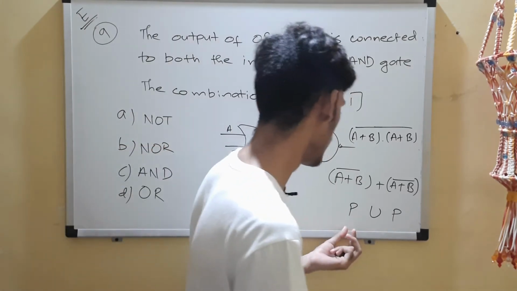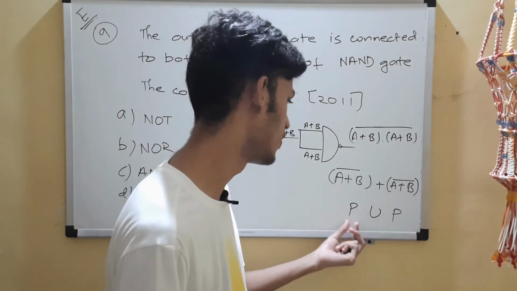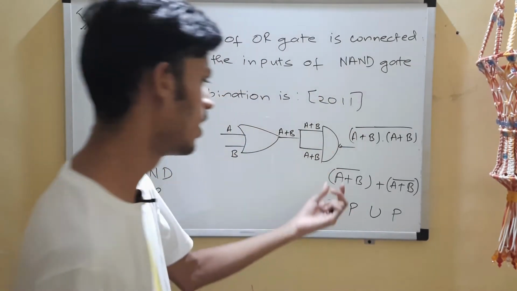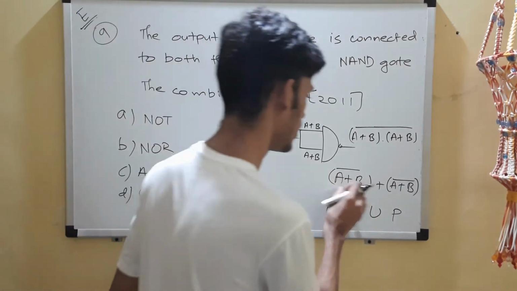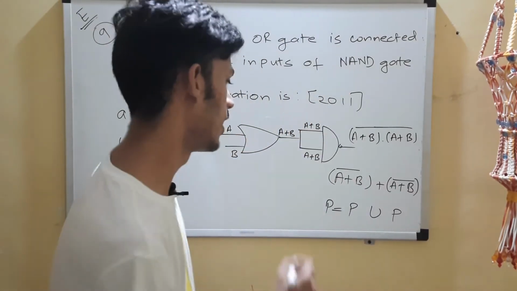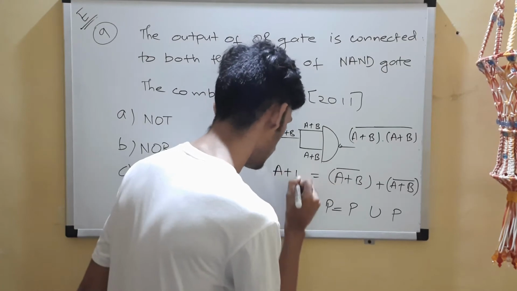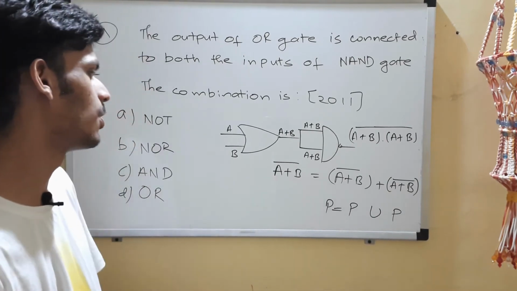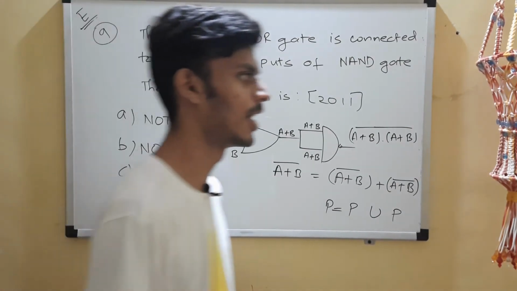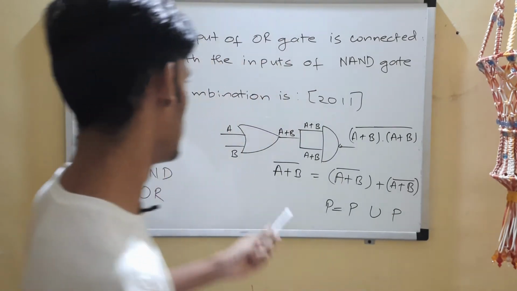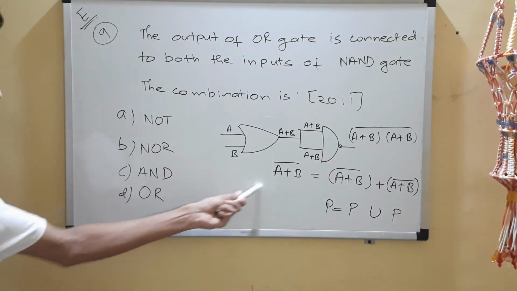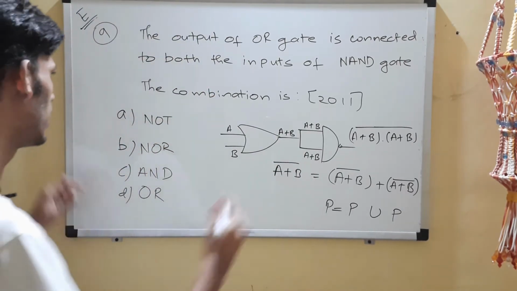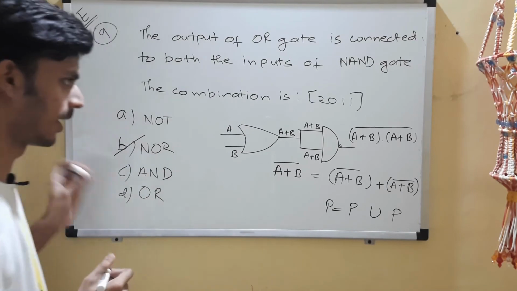Here we'll get P union P, which is nothing but P. So instead of writing this twice, you can write (A plus B) the whole complement only once. And this, if you know, is nothing but the Boolean algebra of your NOR gate. (A plus B) the whole complement is the Boolean expression of the NOR gate.